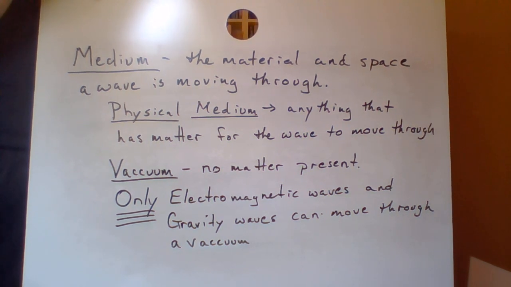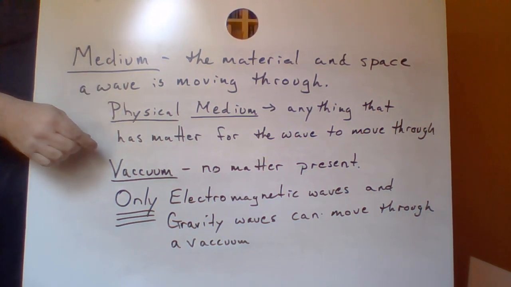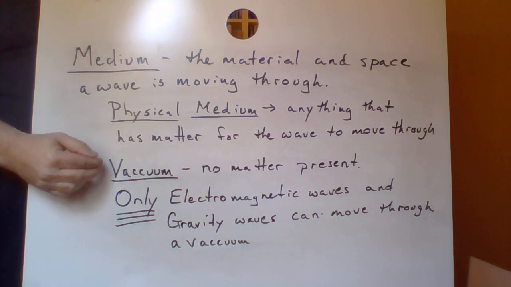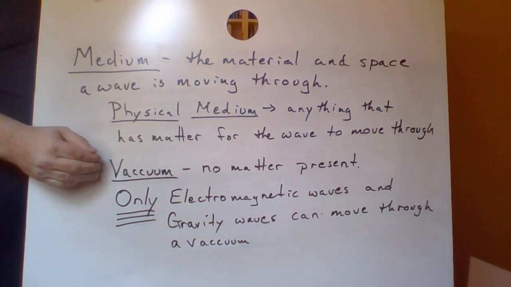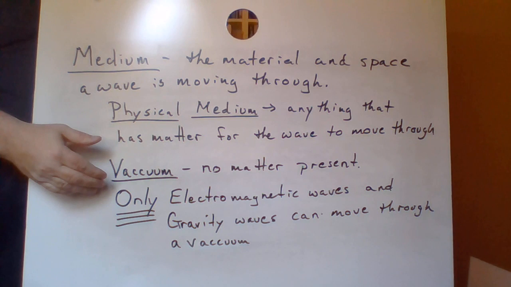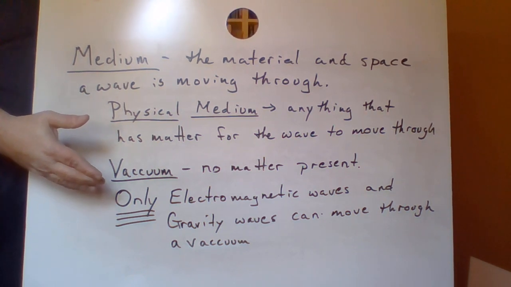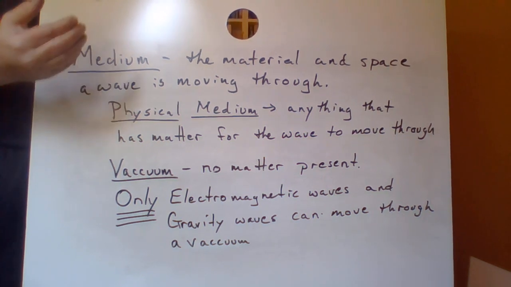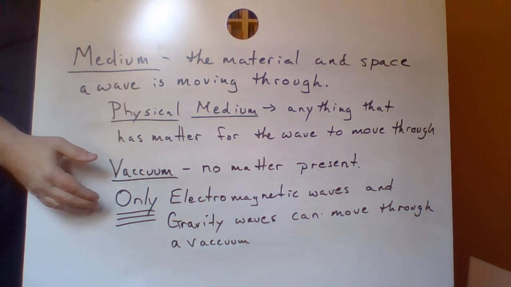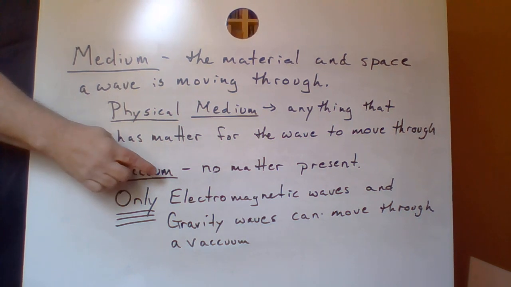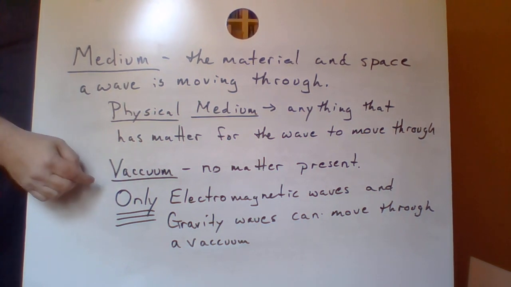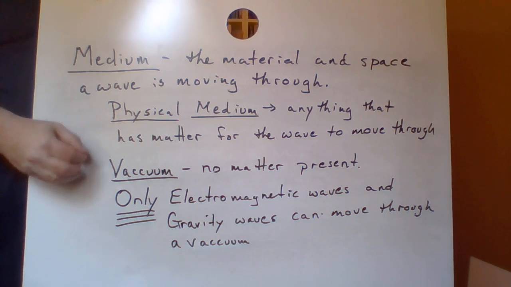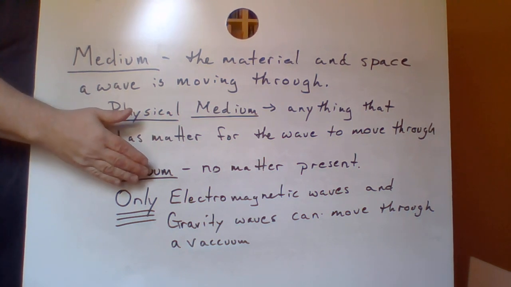But the only type of wave that can go through something that has no particles in it, and we've proven this experimentally, and every morning you wake up and look out at the sun, it's proven to you experimentally that only electromagnetic waves and gravity waves are known to be able to go through a vacuum.